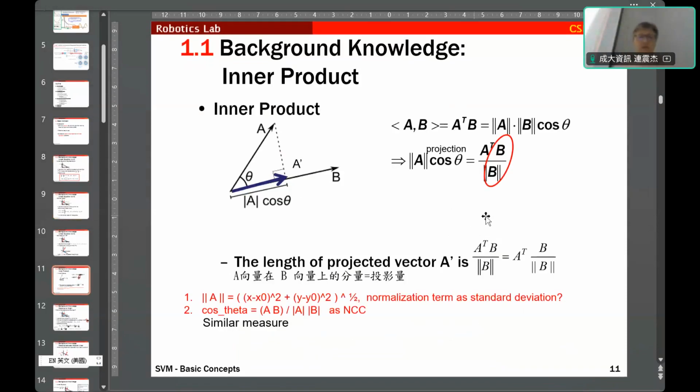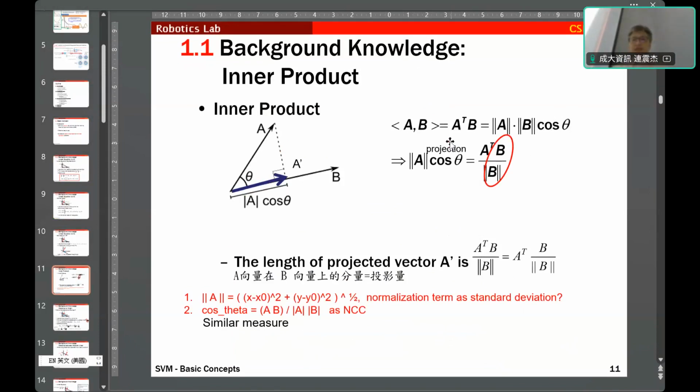Back to here. First of all, the inner product is about similarity. Why? Because cosine theta equals the inner product divided by the absolute values.